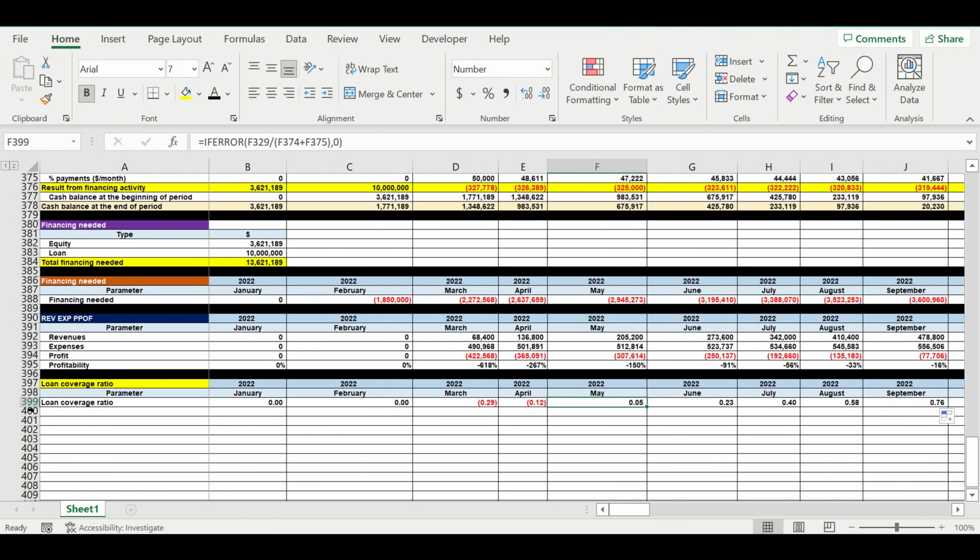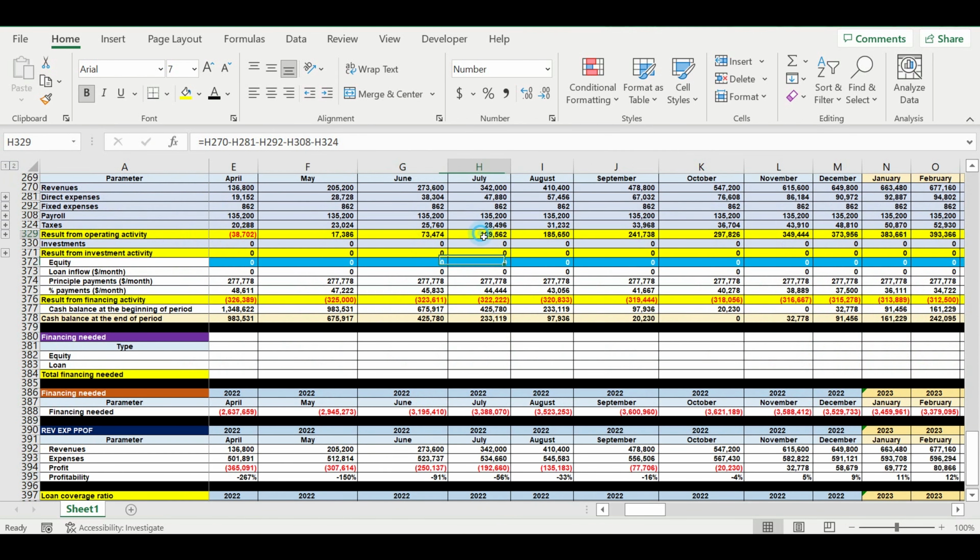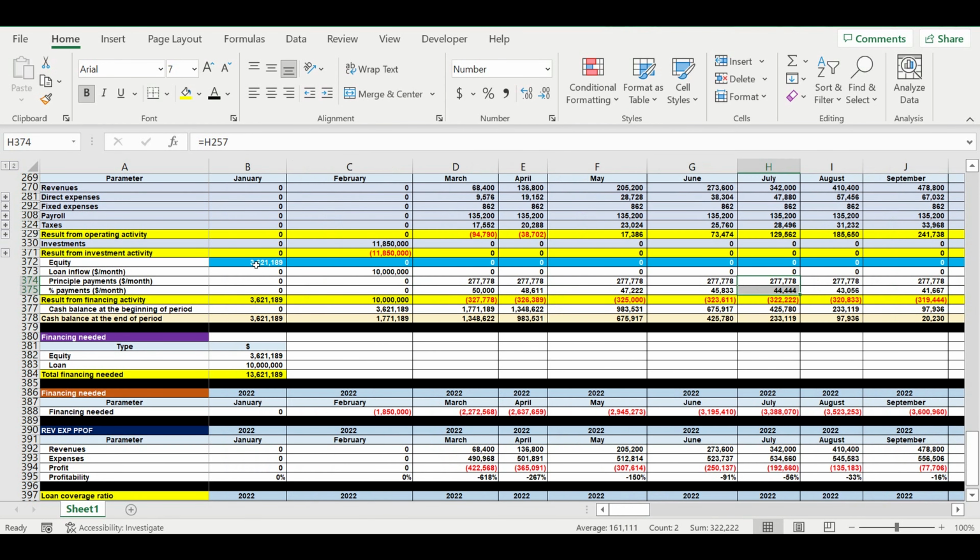The loan coverage ratio must be more than 1. For example, if this value is negative or less than 1, this illustrates that our profit is significantly lower than what we have to pay to the bank. All we earn, we pay to the bank, and we even need to take money from our pocket to pay the bank. That's why we need some extra financing here.